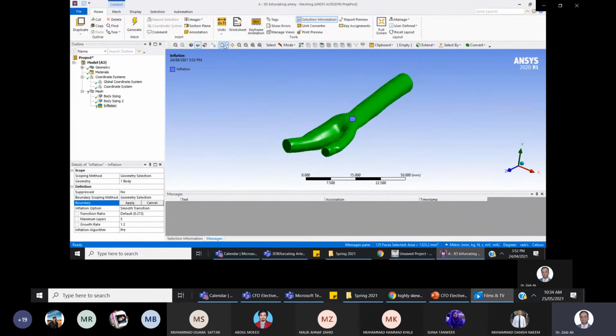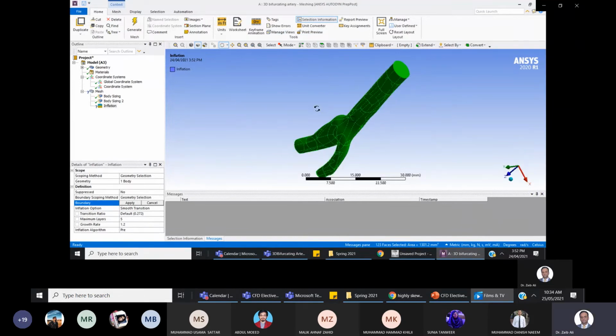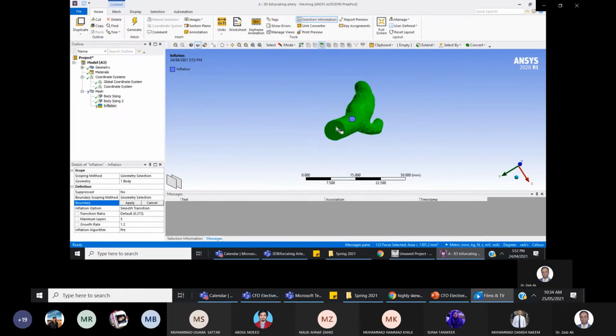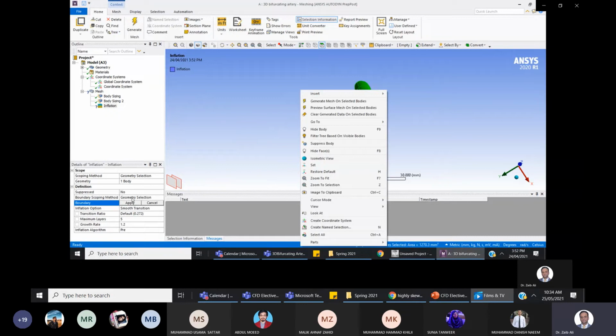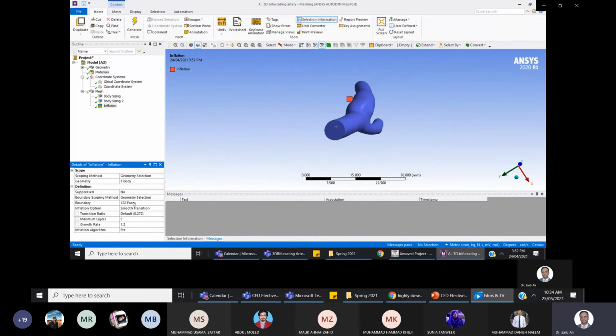So once you've selected all the faces, you also need to select the inlet and these two outlets. This is the inlet. So in the boundary tab, you select all the faces, including inlet and outlet. So there will be 122 faces.